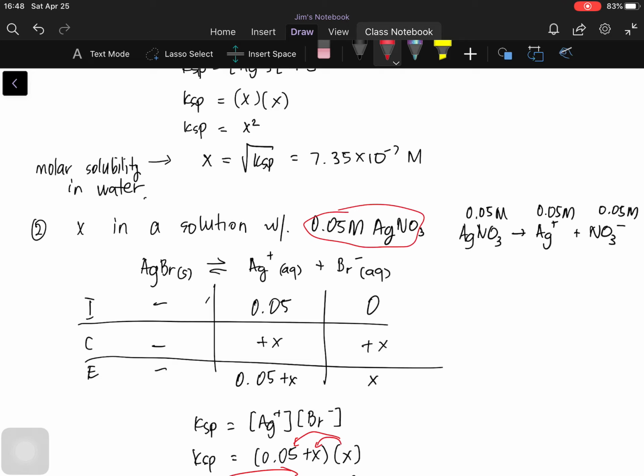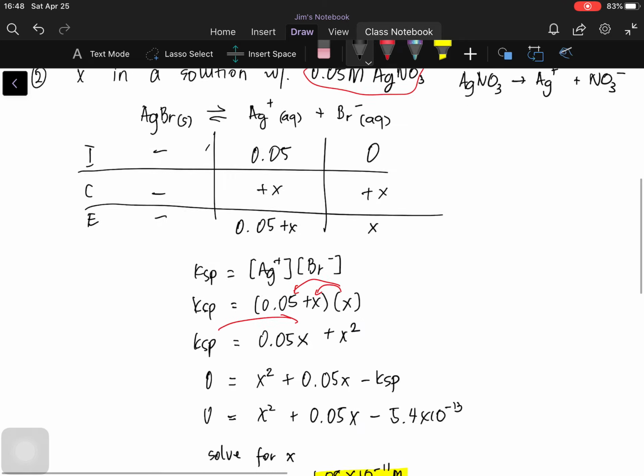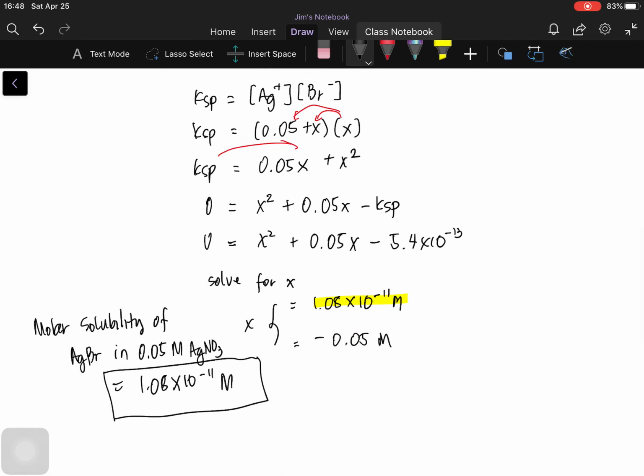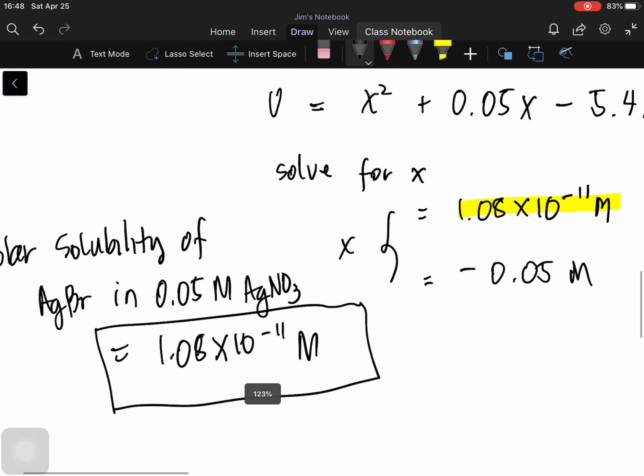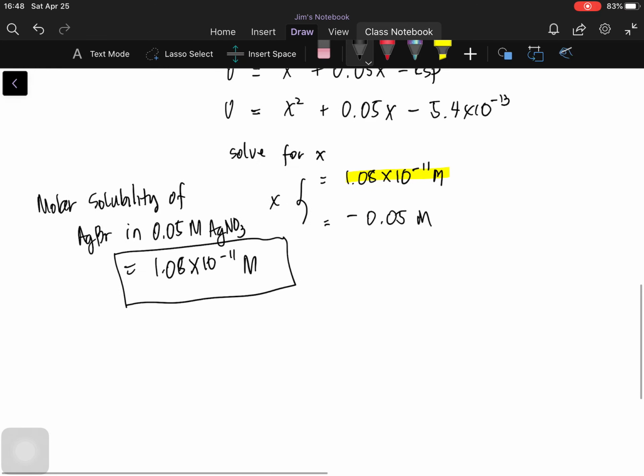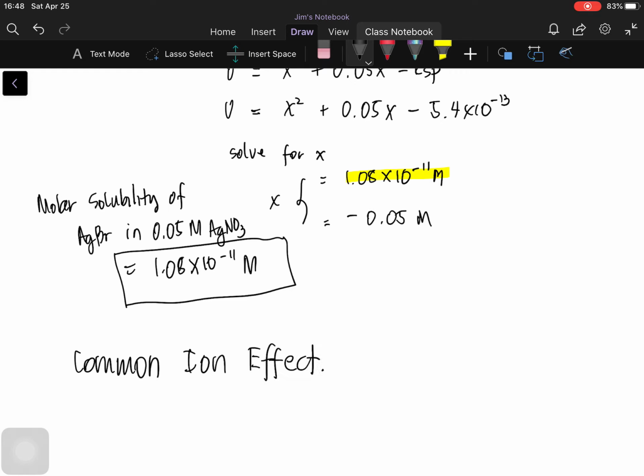It came from the silver nitrate previously mentioned. So if your precipitate is dissolved in a solution with a common ion, the solubility is lowered down to 1.08 times 10 raised to negative 11 molar. This phenomenon, or this effect, is called the common ion effect.